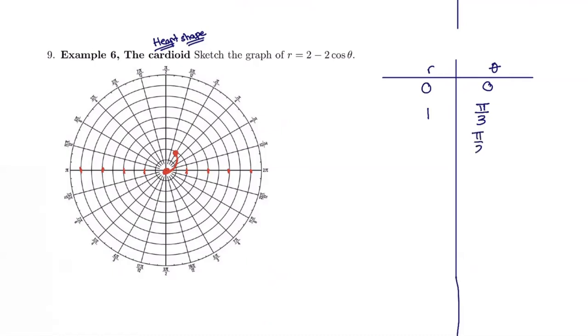Pi over 2 is the next point that I chose. So cosine of pi over 2 is 0, which means this will just be 2. So we go out 2 on the polar graph and around pi over 2. From here, we have to sort of connect to that.